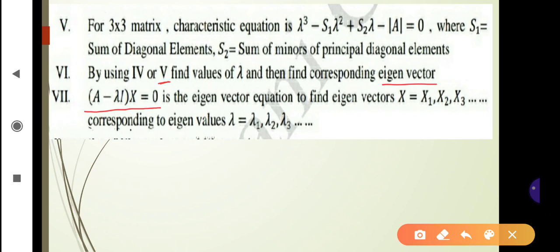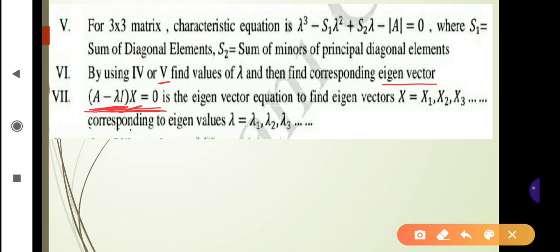We can calculate the matrix A minus lambda I because lambda is a known quantity. Multiply it by the unknown vector x, y, z, or capital X, equals 0. This system is nothing but a homogeneous system. Solve this homogeneous system for capital X, and you will get the eigenvector.